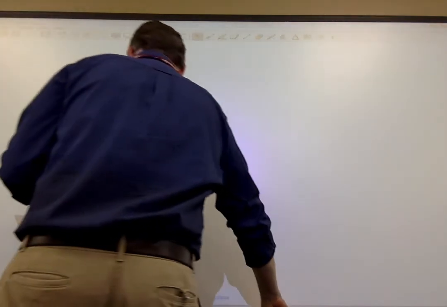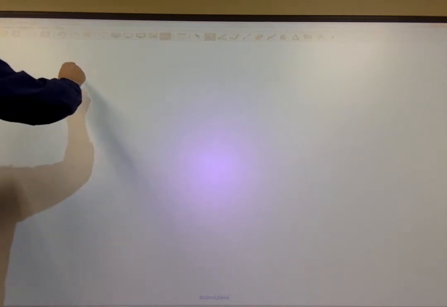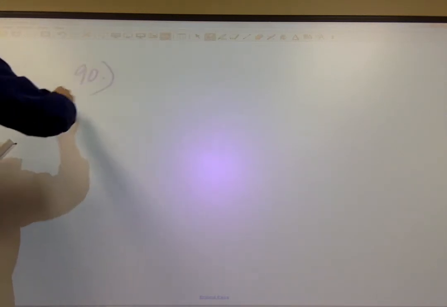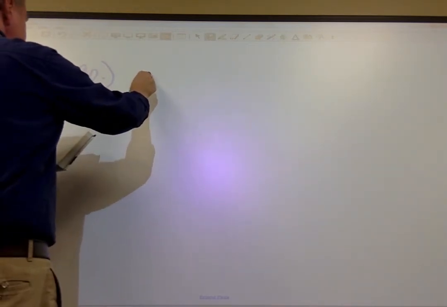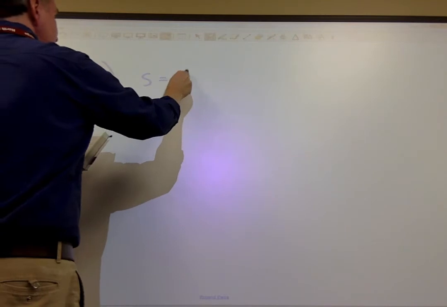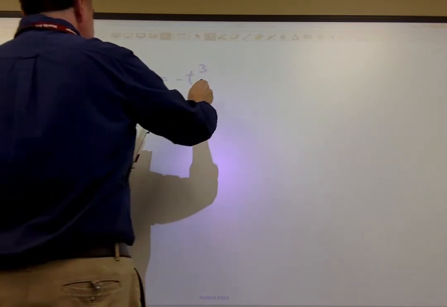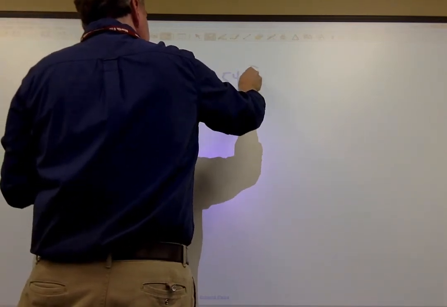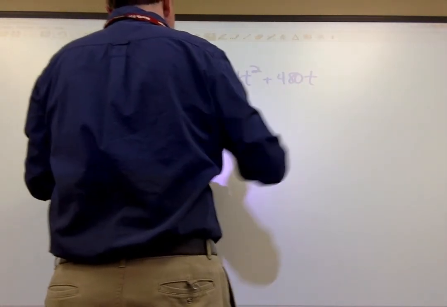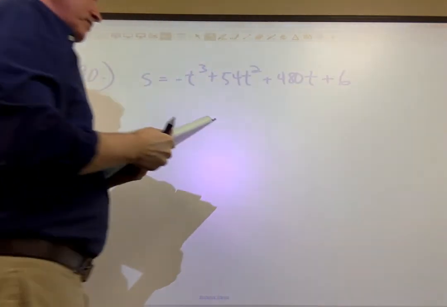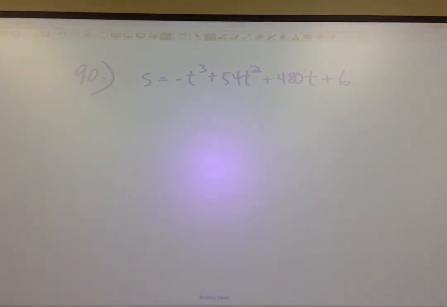Number 90. 90 says, the altitude in feet of the rocket t seconds into flight is given by s equals negative 2t cubed plus 54 t squared plus 4 over t plus 6, for t greater than 0. Find the point of inflection and interpret your result. What's the maximum velocity attained by the rocket?